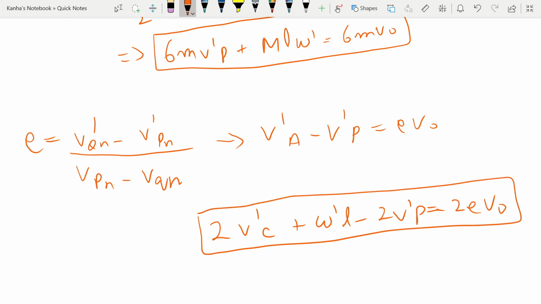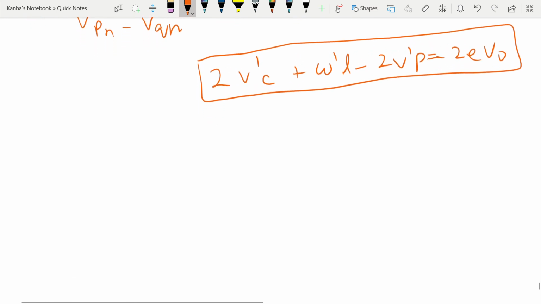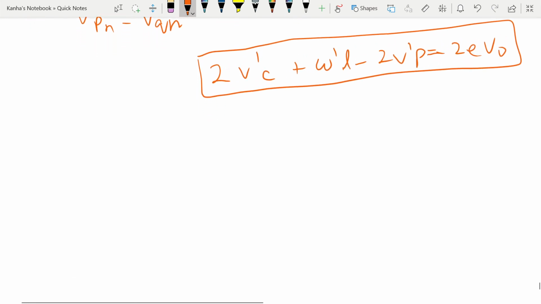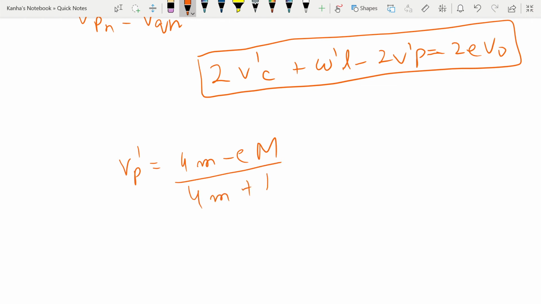Now if you have all these quantities, you can easily find the velocity of the ball immediately after the impact. You can also find the velocity of the center of mass immediately after the impact, and you can find the angular velocity immediately after the impact. So what do these come out to be? v prime p is equal to (4m minus e M) divided by (4m plus M) into v naught.